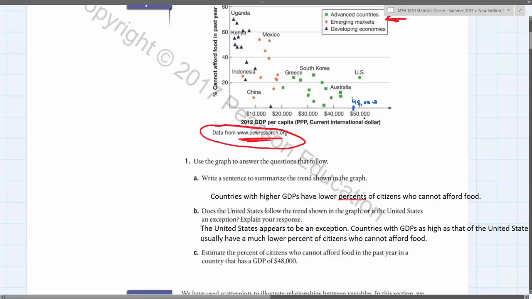So maybe an x value I might predict is somewhere around here. We have to try to estimate where this might be. Maybe somewhere between 8 and 10%, somewhere around there. So we could just write that, maybe 8 to 10%.